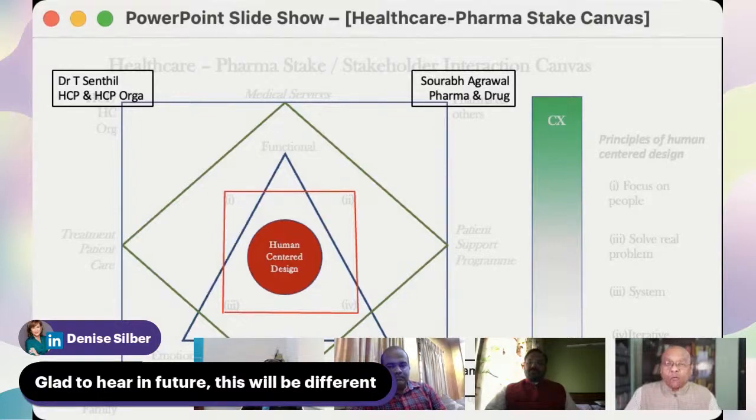From the pharmaceutical industry, we have a very senior leader, the senior vice president of Lupin, Sourabh, as already explained by my friend Vijaya about his profile. I'm not going to repeat it again, but I know him personally, the kind of futuristic outlook he keeps.